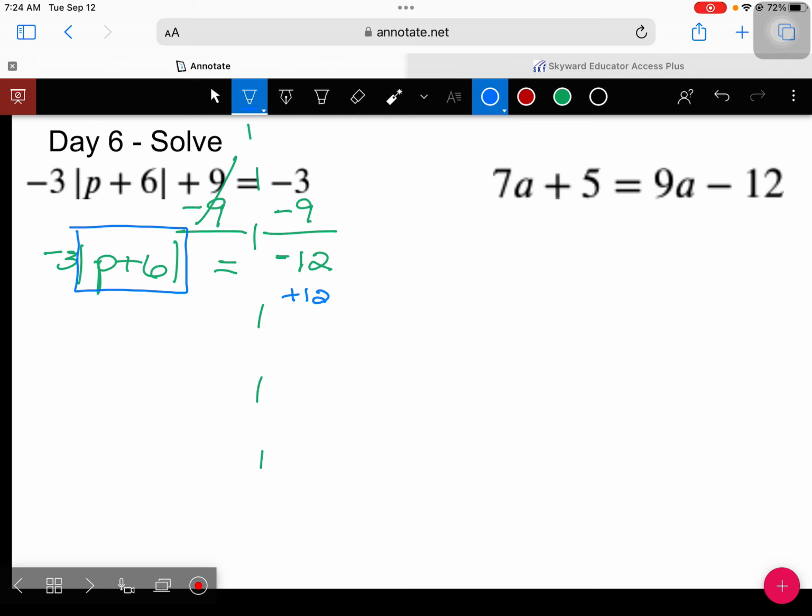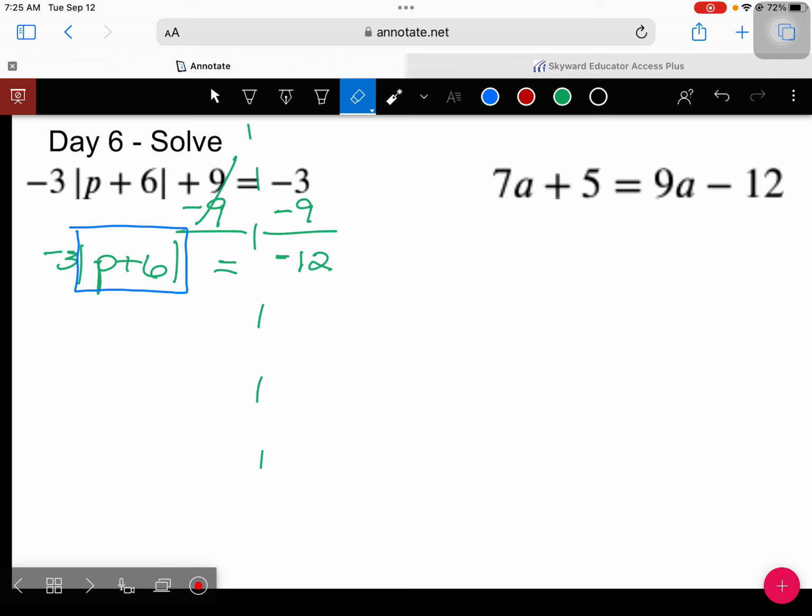Okay. Now, you need to keep in mind our end goal, because we're trying to isolate this absolute value of P plus 6, right? So I don't think we want to add 12 there. What I want to do is undo this -3. Right now it's being multiplied.